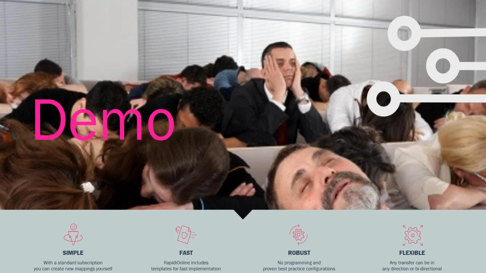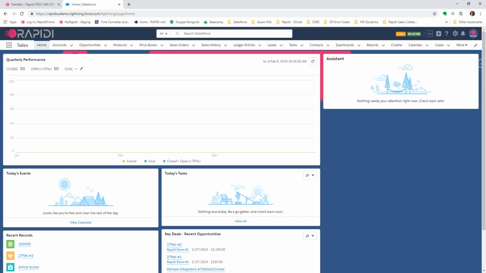Now, one thing, because there's a couple things I want to go over as we do this demo. Number one is I am going to be using a Salesforce Lightning environment. That's a demo environment that was just spun up. There is some test data in here that we'll be using today, as well as a bunch of other test data that was created to support a display of reports.